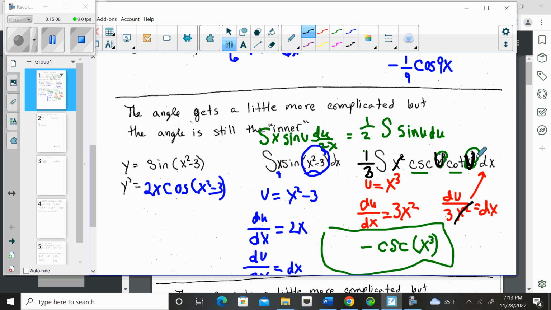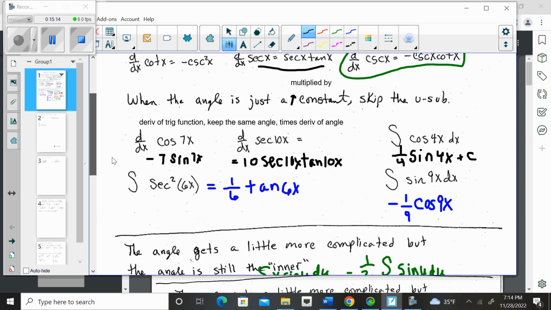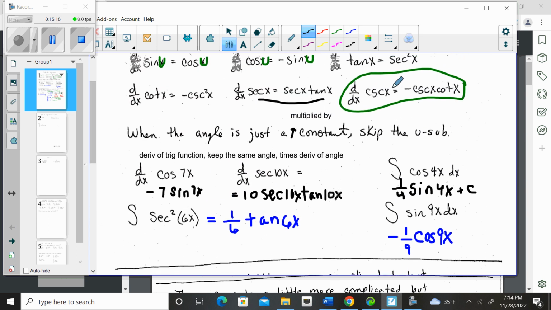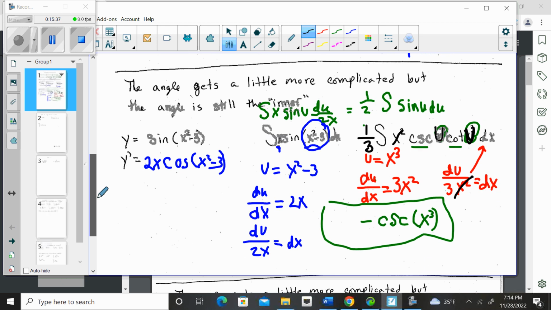But I already looked up here and noted that the antiderivative, because the derivative of this is negative cosecant cotan, the antiderivative of cosecant cotan is negative cosecant. And so again, doesn't matter if I have an x or a u. Okay, so I end up with a 1/3 out in front.